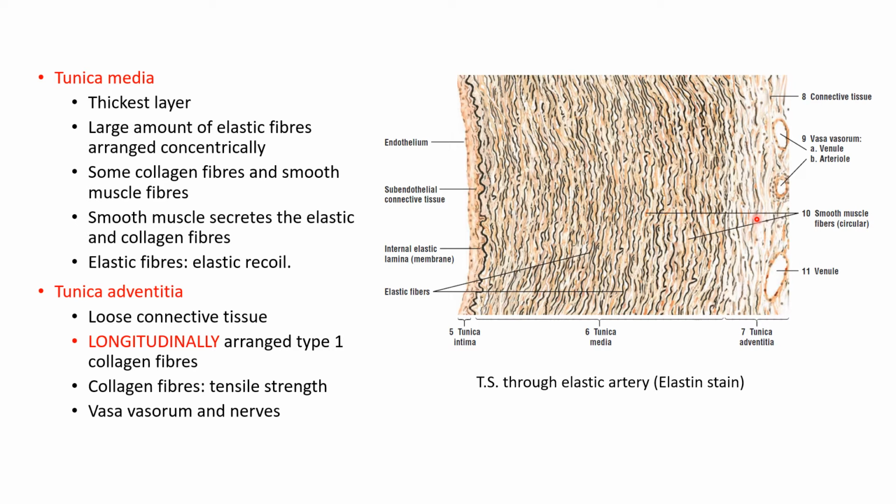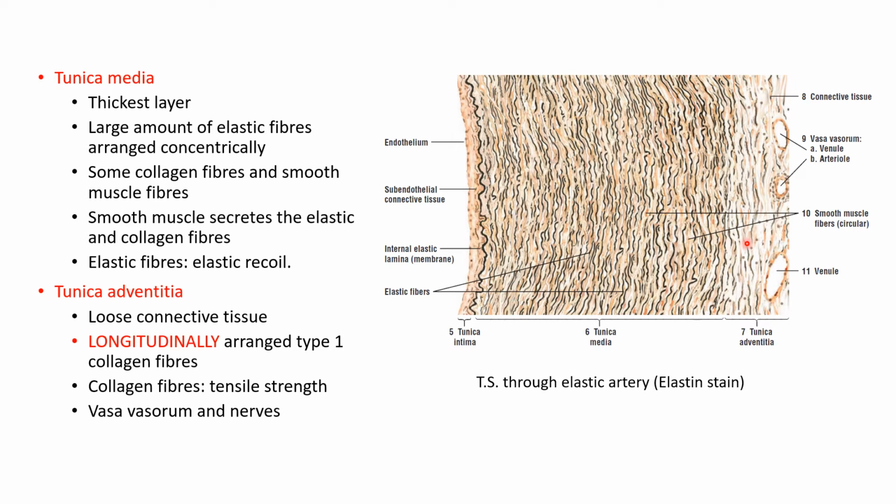I told you that elastic arteries expand to receive the blood pumped by the heart during systole. This expansion is limited by these longitudinally arranged collagen fibers in the tunica adventitia, thereby imparting the tensile strength to this blood vessel.